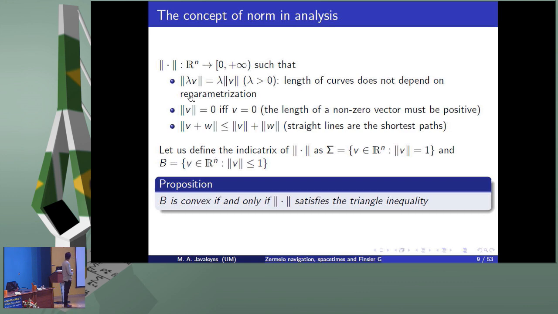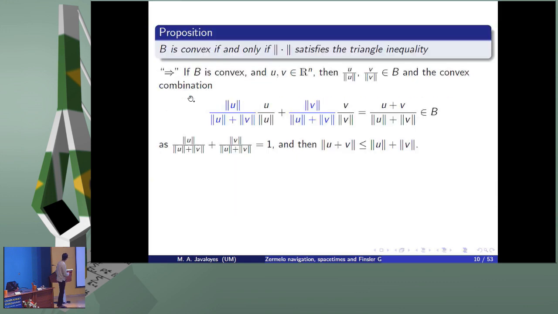B, the unit ball, is convex if and only if the norm satisfies the triangle inequality. Probably you have seen the proof of this result sometime in your life, but it is very easy. I'm going to write it here. It's very straightforward, and it is important for what follows.